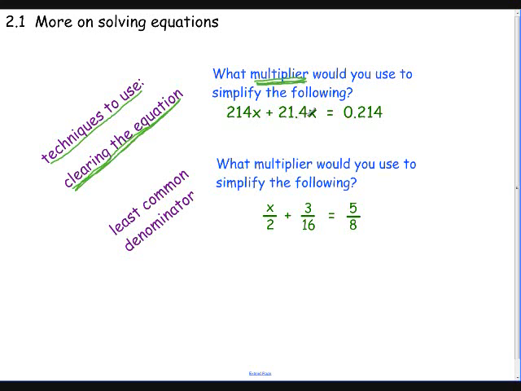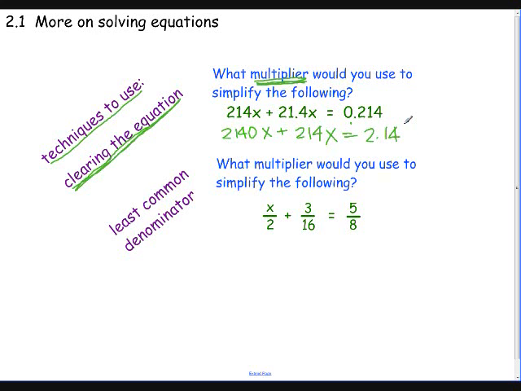Well, you could see here that we could use 10, and that would give us 2,140x plus 214x equal to 2.14.